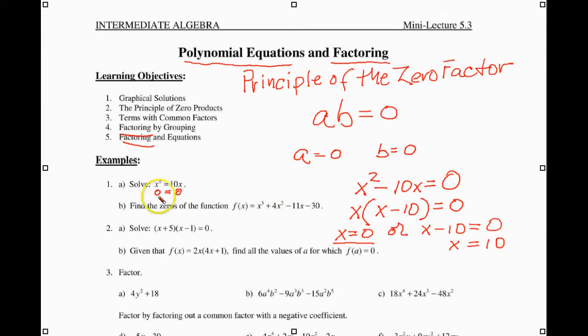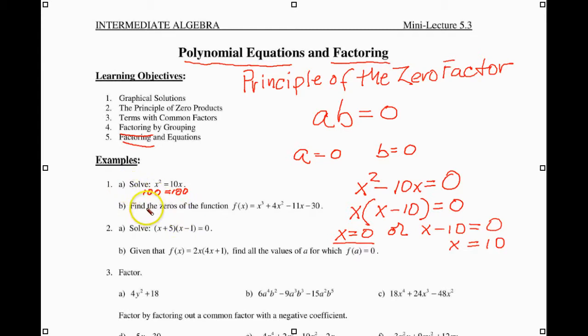Would 10 be an answer? Well, if x is 10, 10 squared is 100, and 10 times 10 is 100. So yes, 10 is a possible answer also. So that is the solution for letter A.